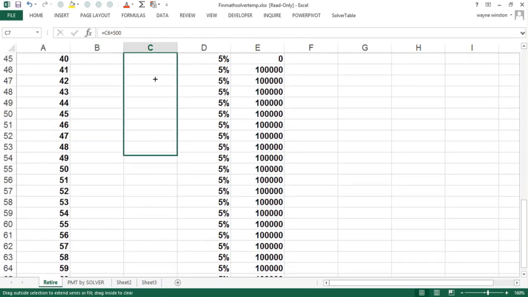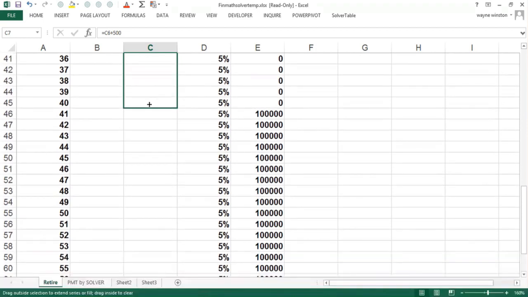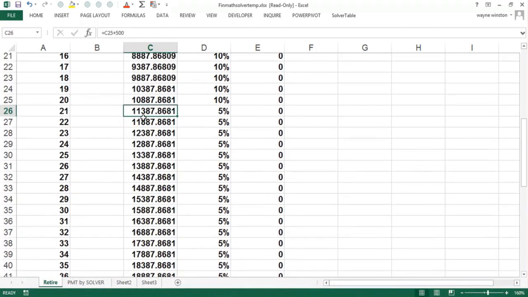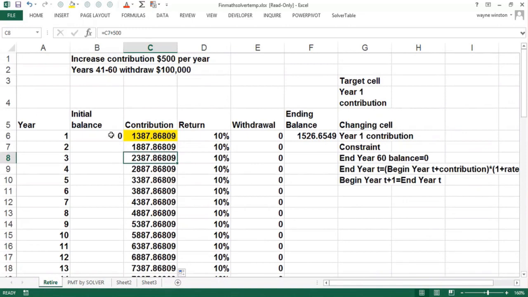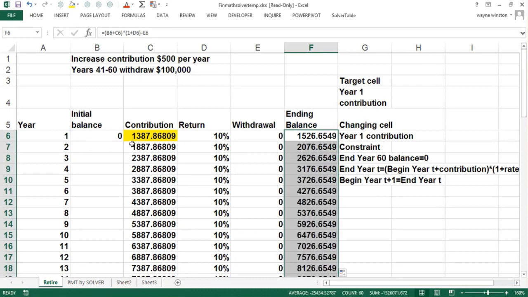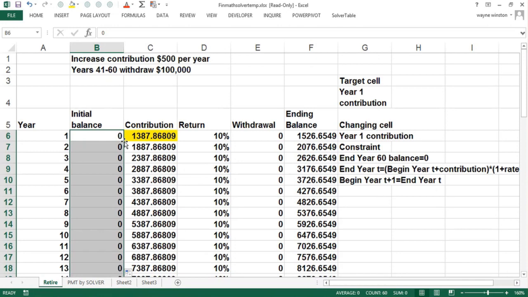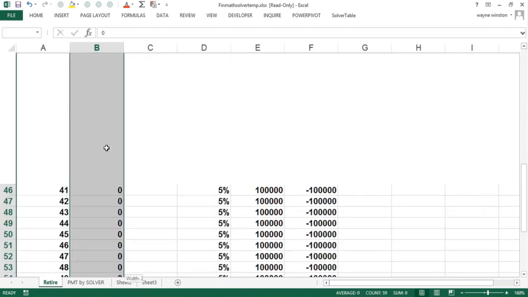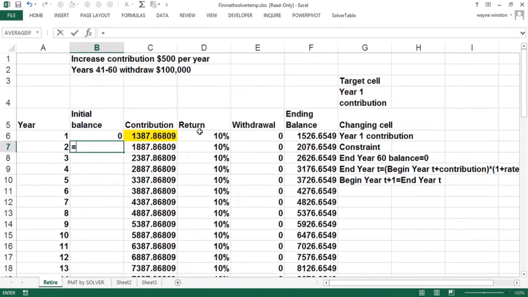We're going to increase it as we make more money, hopefully, through our working life. Okay. Now, the ending balance, I should just be able to copy down if I've got this right. And the beginning balance, oops, you don't want to copy 0 down. You want to copy last year's ending balance. Okay.